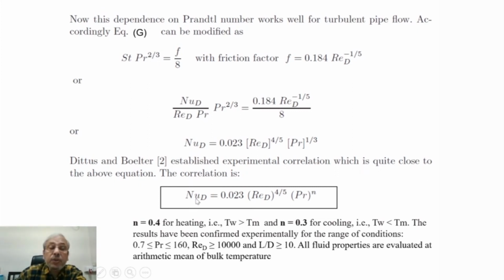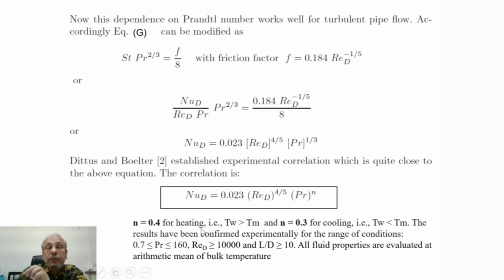given by Nusselt number based on duct diameter equal to 0.023, Reynolds number to the power 4/5, and here there is slight modification. Instead of Prandtl number 1/3, it is Prandtl number to the power n, where n equal to 0.4 for the heating case.